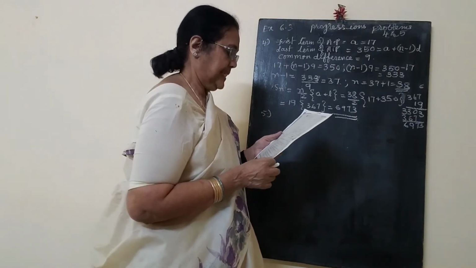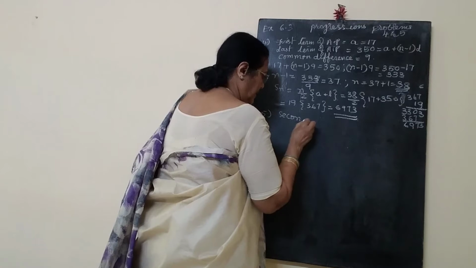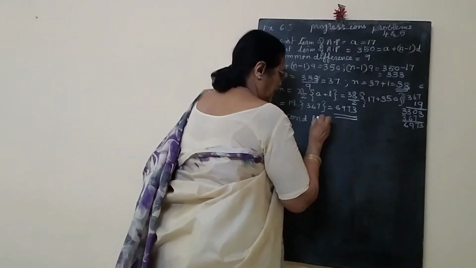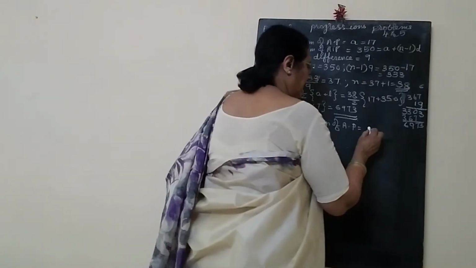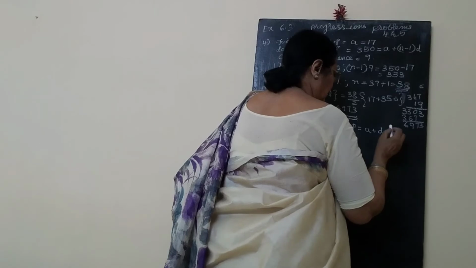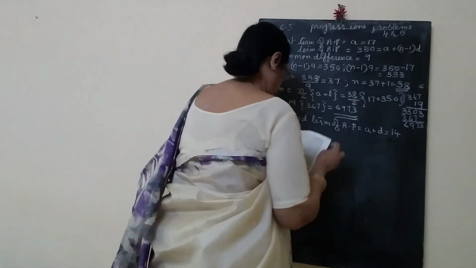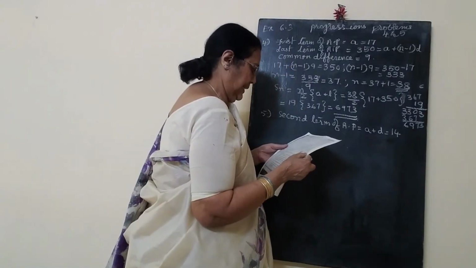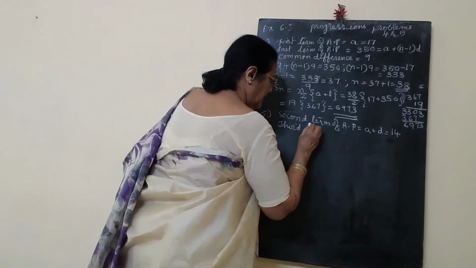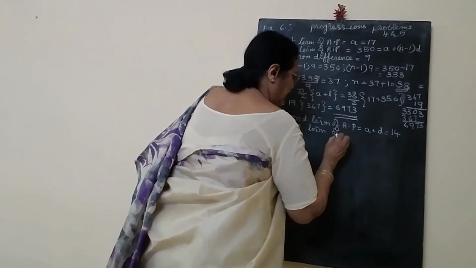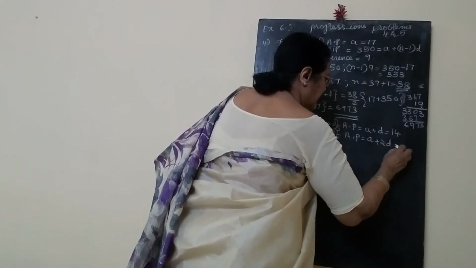In the fifth problem, the second term and third term are given. The second term of the AP is A plus D, which is equal to 14, and the third term of the AP is A plus 2D, that is 18.